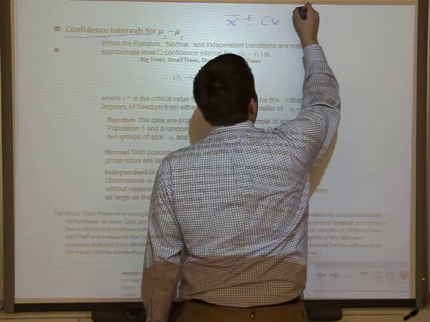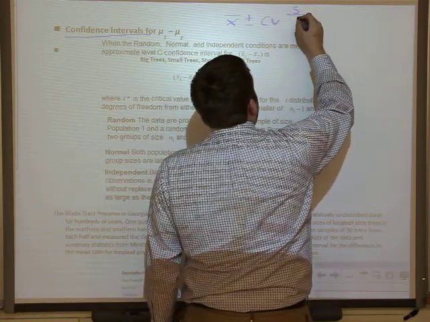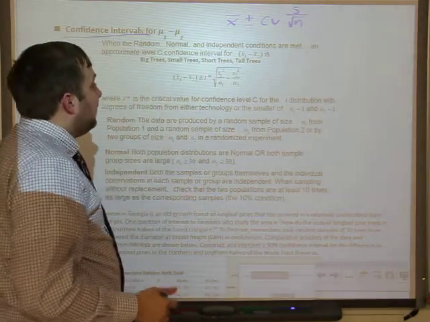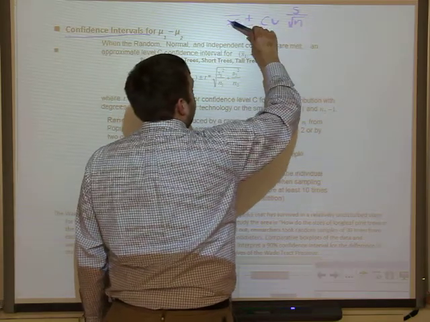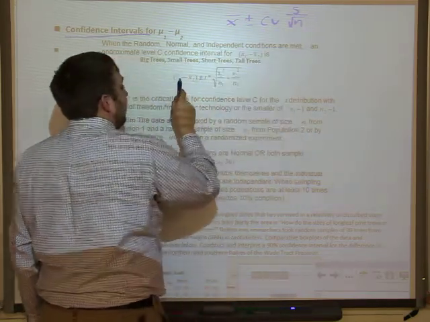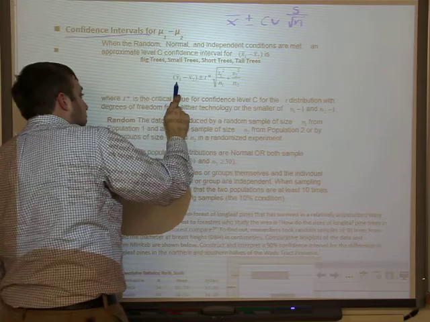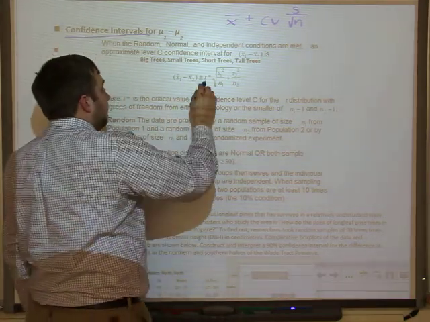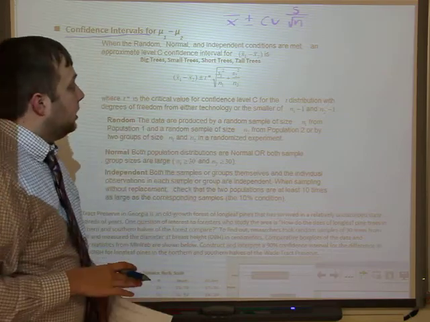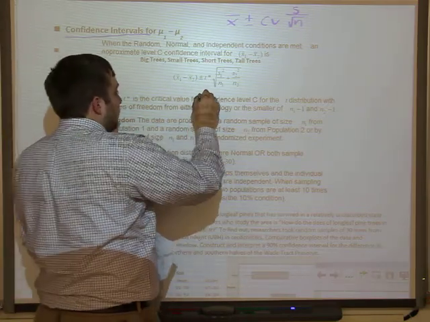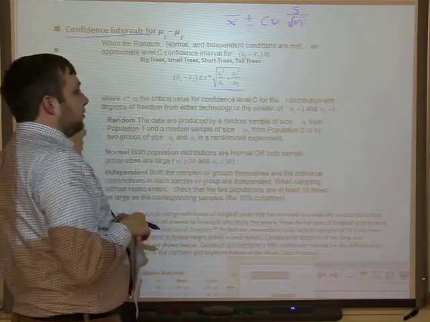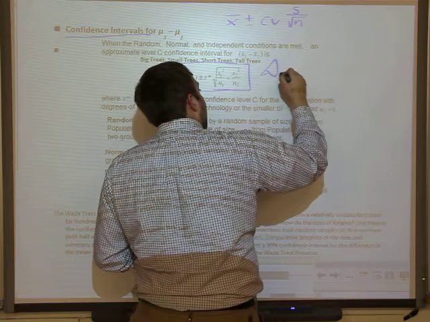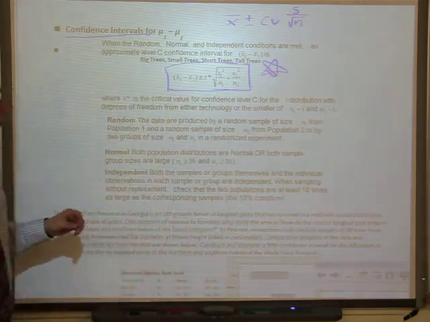Critical value times your standard deviation. Now, since we're combining things, we're going to have x bar 1 minus x bar 2, the difference between those two things, plus or minus my critical value, or my t-score, times that new standard deviation that we got. So that's just a new formula. That might be another nice thing to box and star so you don't forget it.